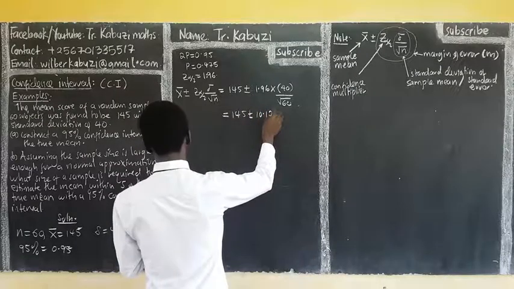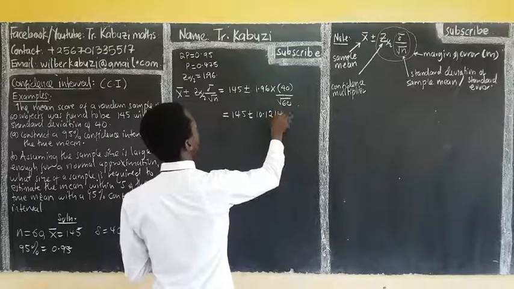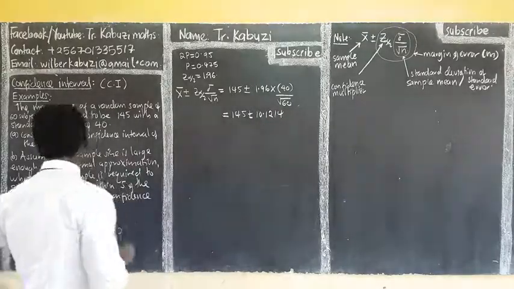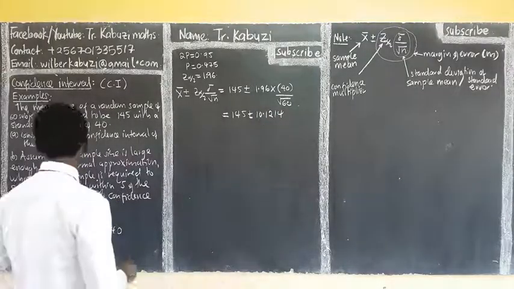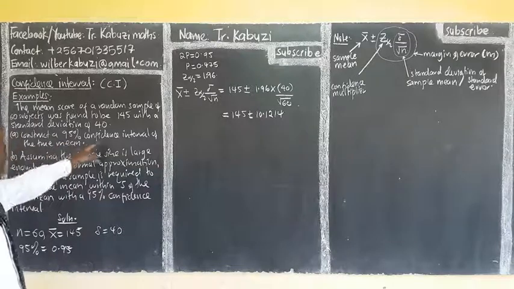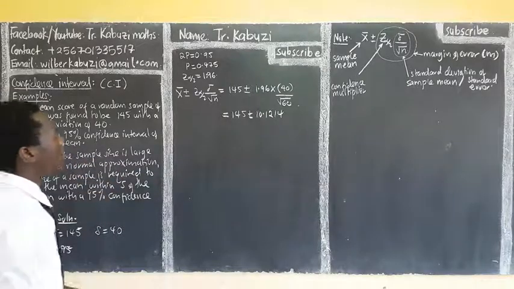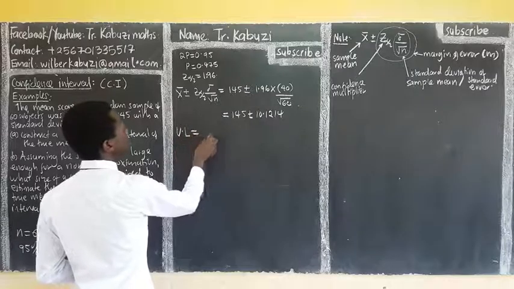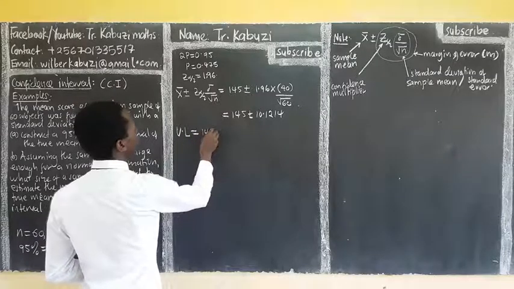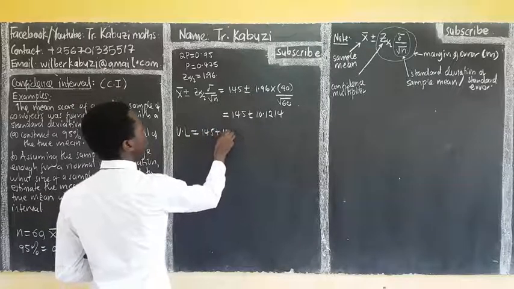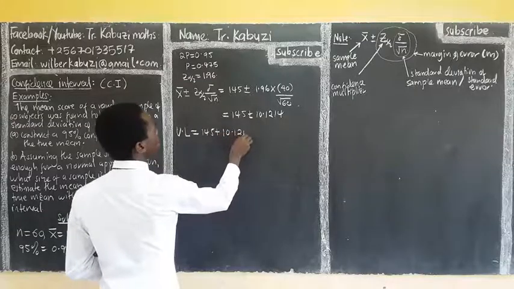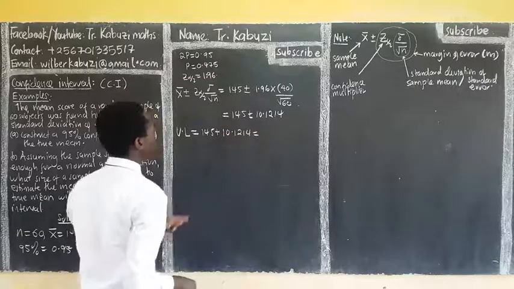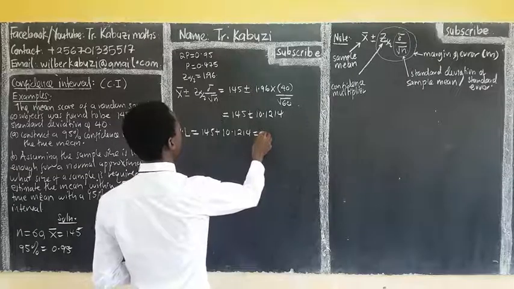So now, they want us to get the confidence interval of the mean. We need our upper limit, which will be 145 plus 10.1214.